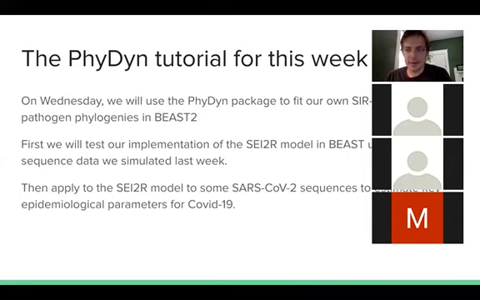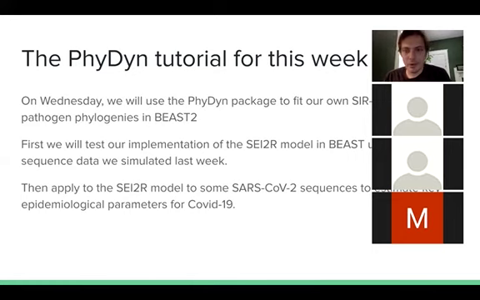This is the SEIR model that had both infected hosts that were highly infectious and less infectious. We'll take this SEIR model and put it into BEAST through the Phylodynamics package. Then we'll test whether we implemented the model correctly by fitting it to our simulated data from last week.